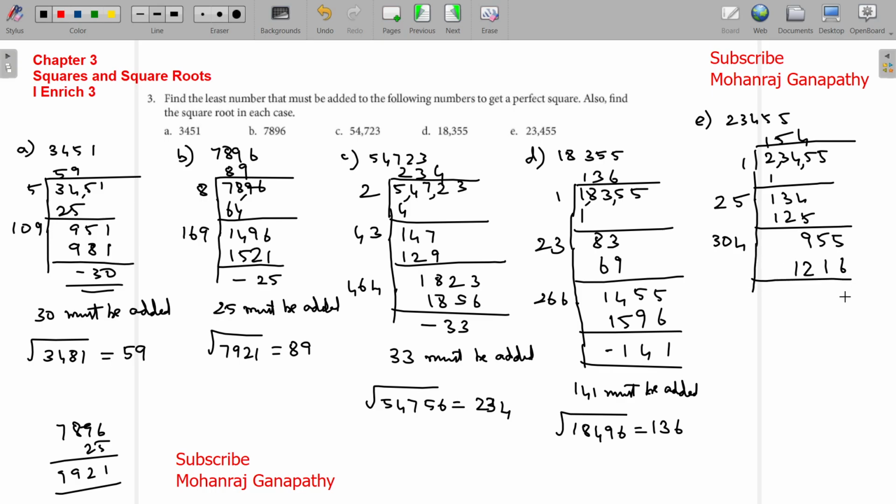So remaining is 261. So we need to add 261. 261 must be added. Square root of 23716 is equal to 154.